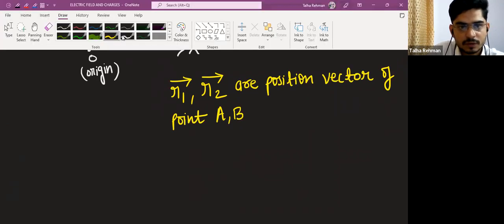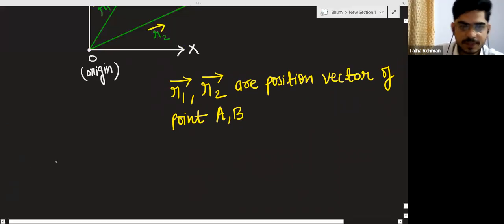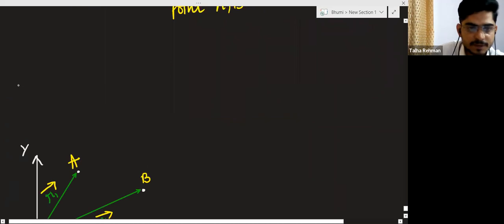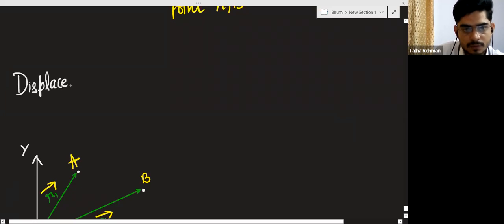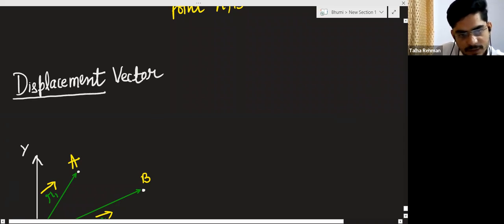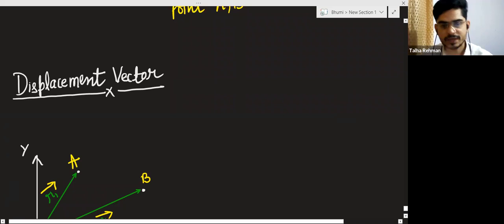Now, what is displacement vector? You can think of this from the name, displacement and vector.